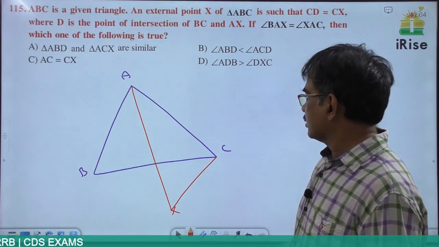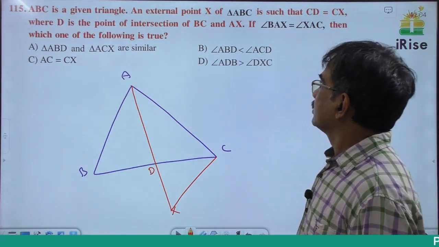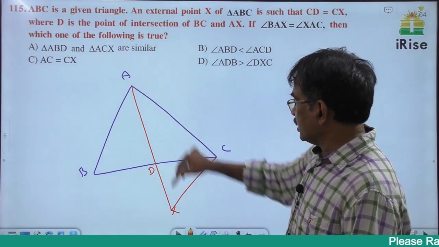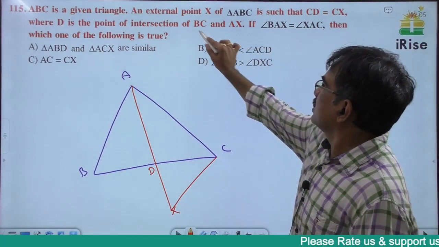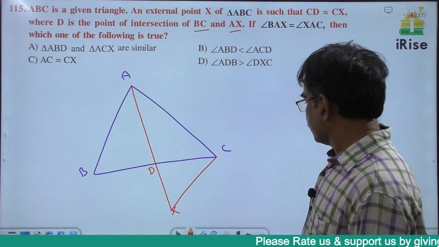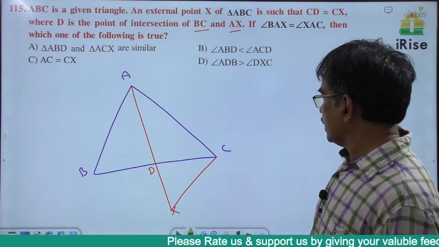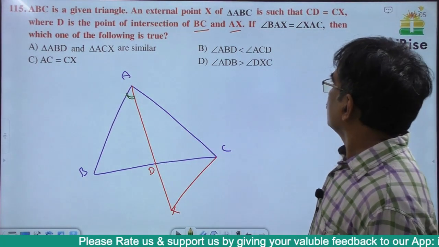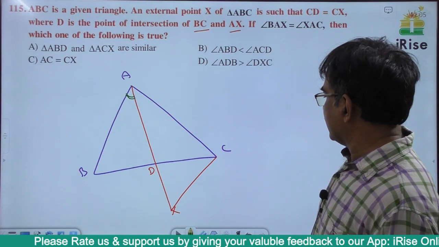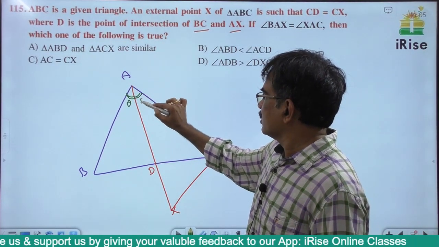This is point X which intersects at D. BC, AX intersect at D. D is the point of intersection of BC and AX. Next, what are given? Angle BAX, this angle, is equal to XAC, this angle. If this is theta, then this is also theta.